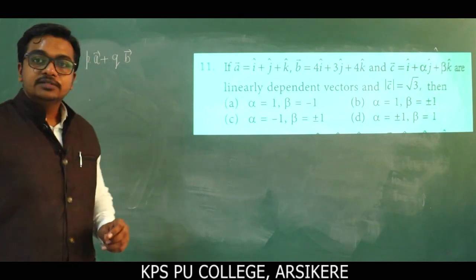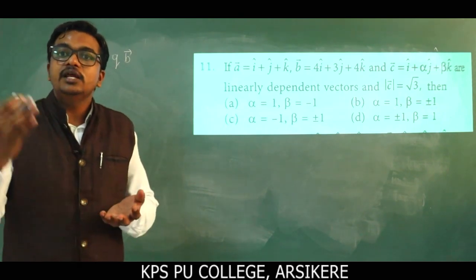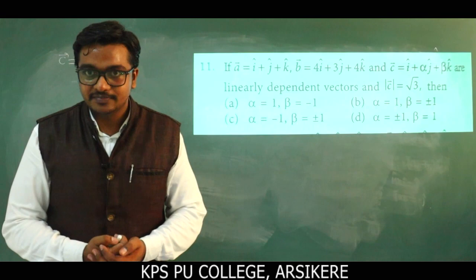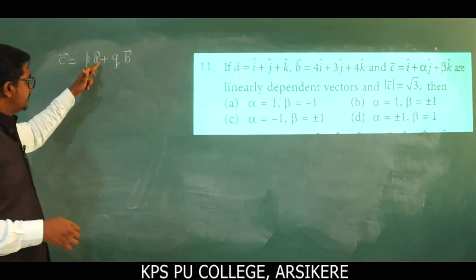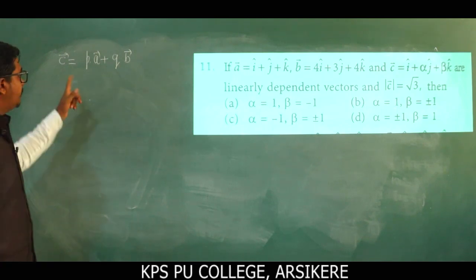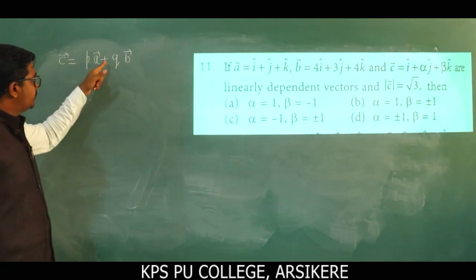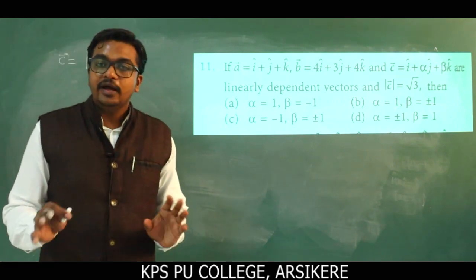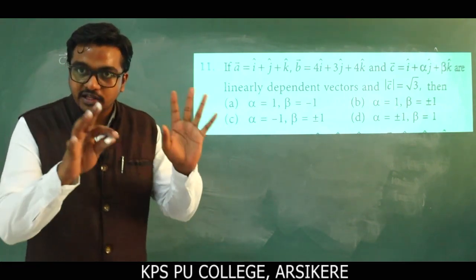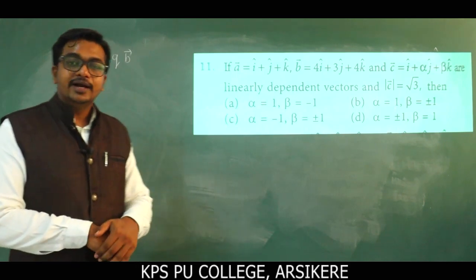Linearly dependent means we can express any vector as a linear combination of the other vectors. A can be expressed as P times C plus Q times B, or B can be expressed as P times C plus Q times A. That is called linearly dependent.